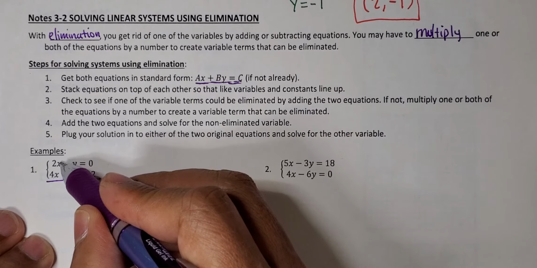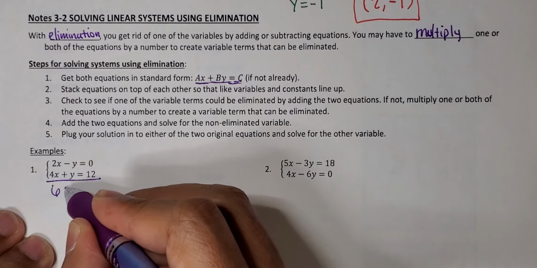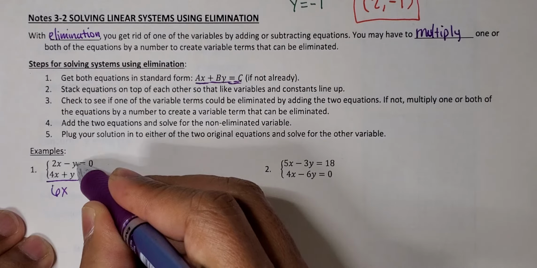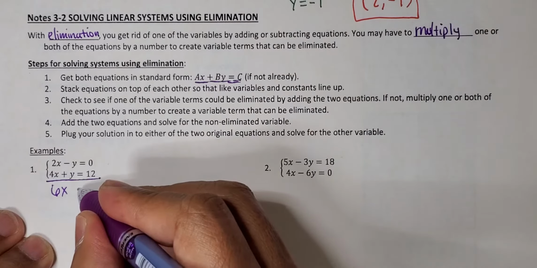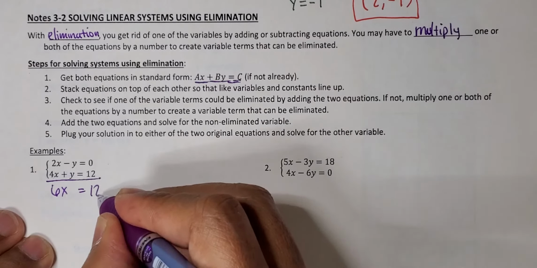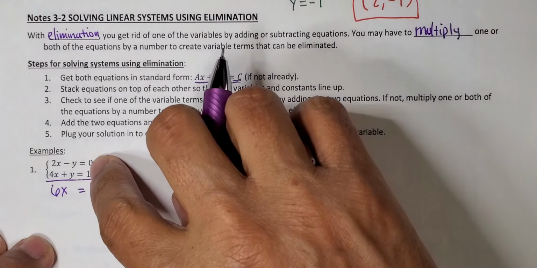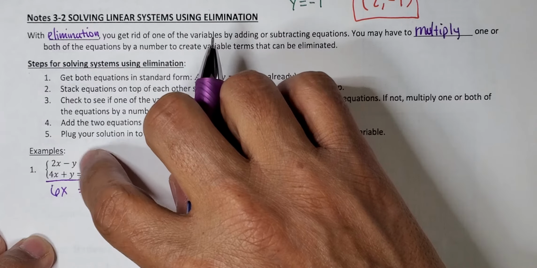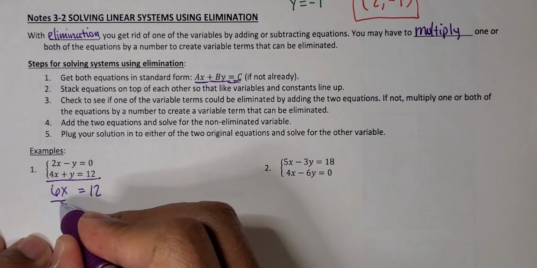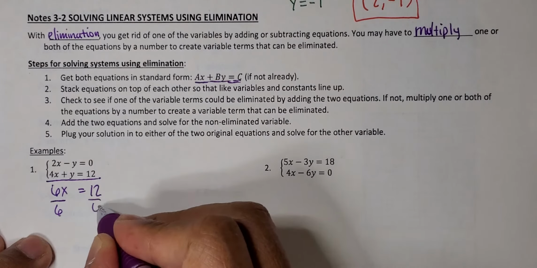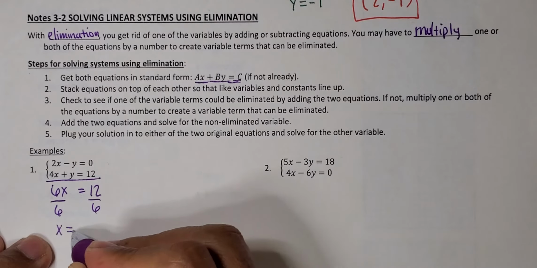I add 2x plus 4x, that gives me 6x. Negative y plus y, the y's cancel out, so I'm done with y, and 0 plus 12 is 12. This is why it's called elimination: we have eliminated y, and now we only have to work with x. The next step is to divide by 6, and we find that x equals 2.